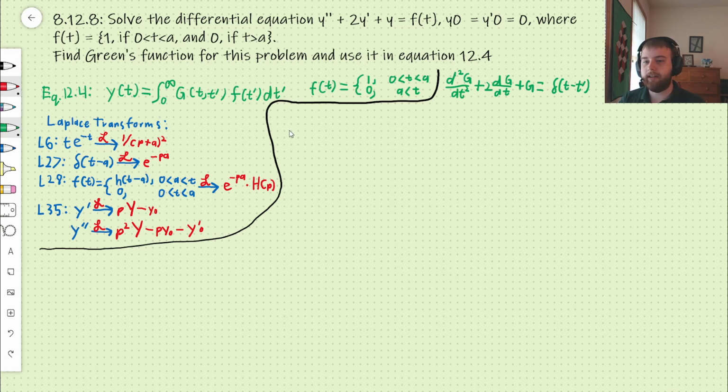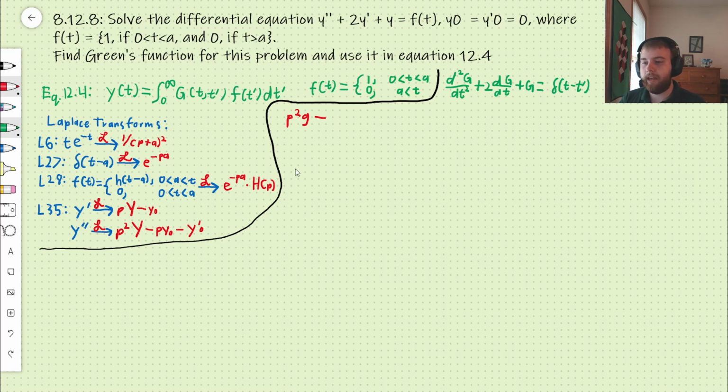Normally we have a function with a lowercase letter, and when we take the Laplace transform, we capitalize the letter. But since we have a capital letter for our Green's function here, I'm just going to write this as a lowercase g. That's also why I'm writing these in different colors, because it'll make better sense.